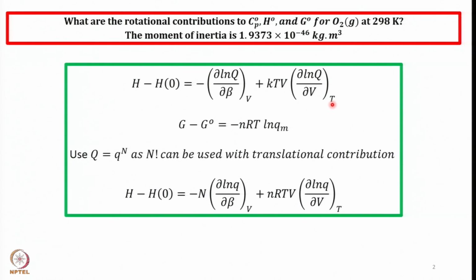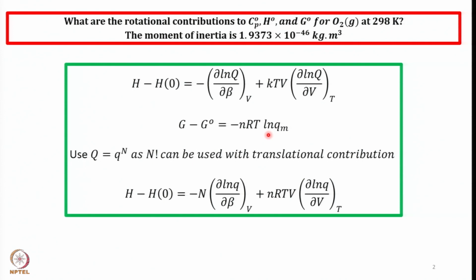Q is the canonical partition function, and we also derived G minus G0 is equal to minus nRT log Qm. That also we have derived. Even the original definition is in terms of the canonical partition function, but I have then converted it into the molecular partition function.